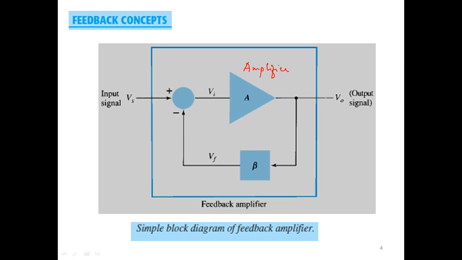At the output side, taking a portion of the output signal and feeding it back through the feedback network by means of the feedback parameter beta, you will get the feedback signal.